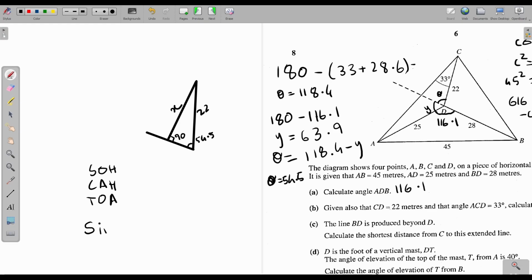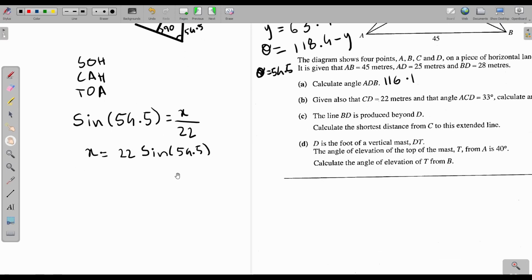So the sine of 54.5 is going to be equal to the opposite, which is x, which is what we're trying to find out, over the hypotenuse, which is 22. So all we need to find x is 22 sine 54.5.